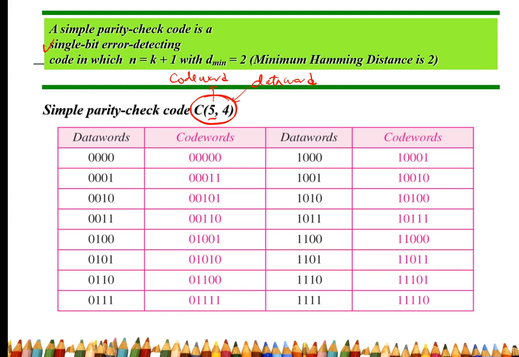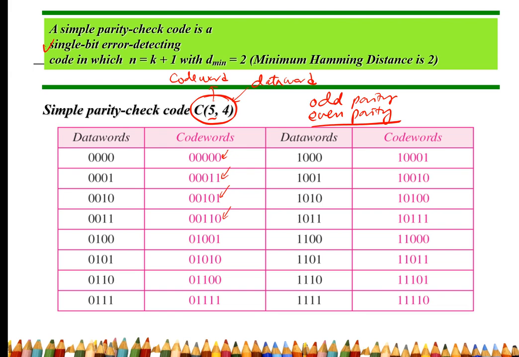For example, data words 0000: this is a simple parity check, even parity check, though it could be odd parity, but let's say the even parity case. So 0000 has no ones, so we just add 0. 0001, the number of ones is 1, so we add one more 1, right? 0010, so add one more 1, like this. 0011, so we can add 0 there.